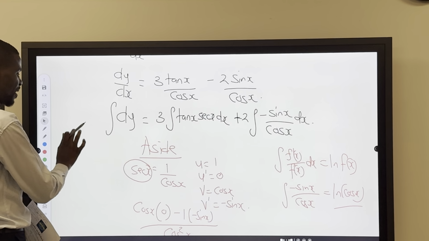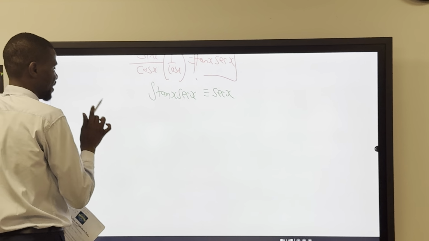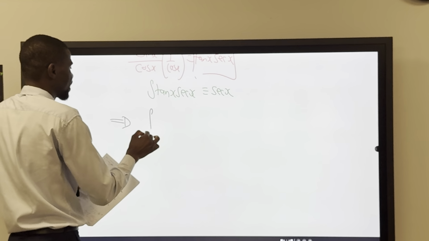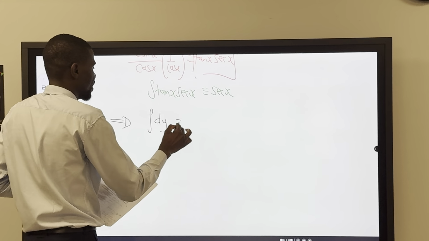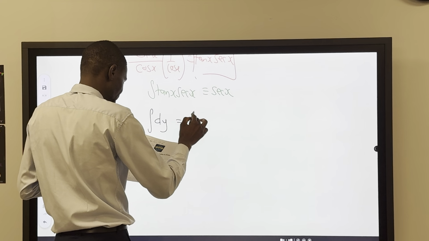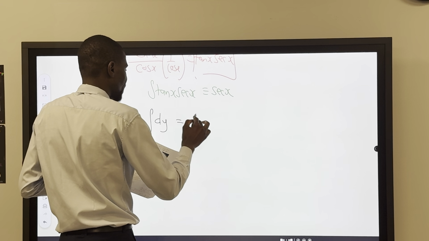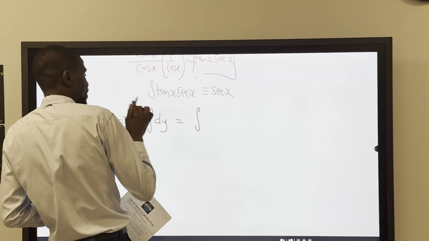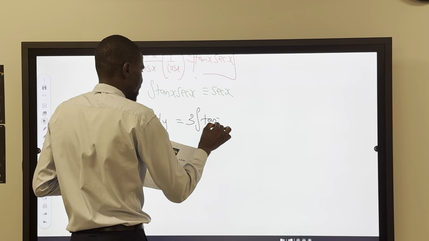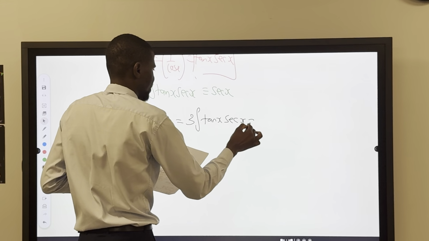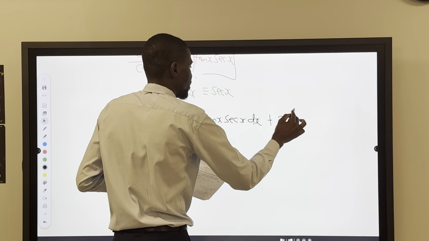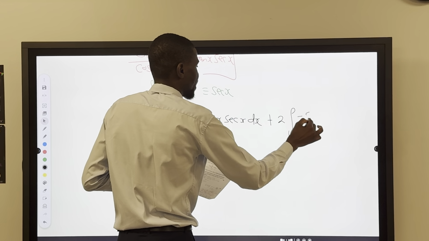All right, so allow me to rewrite that. We have integral of dy equal to 3 integral of tan x sec x dx, plus 2 integral of negative sine x over cos x dx.